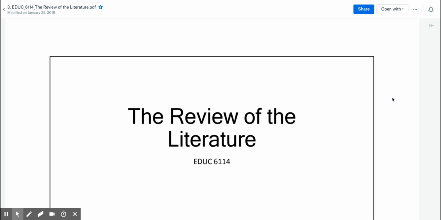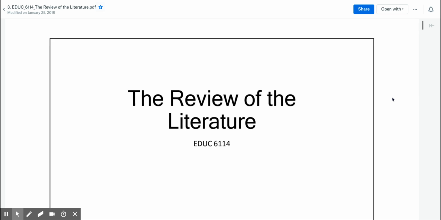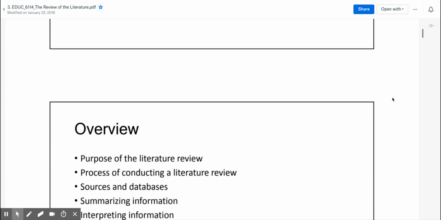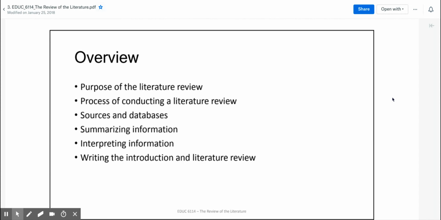All right, review of the literature review. In this lecture, we will talk about the purpose of literature review and then the process of doing literature review, what kind of sources and databases, and then how we summarize information, what the basic guidelines of summarizing information are.